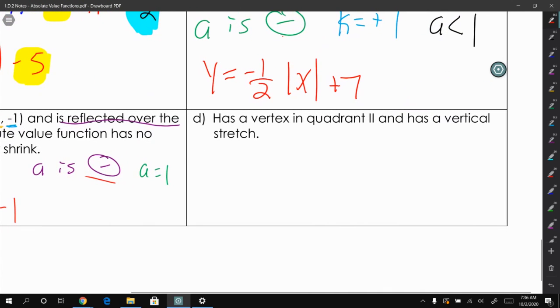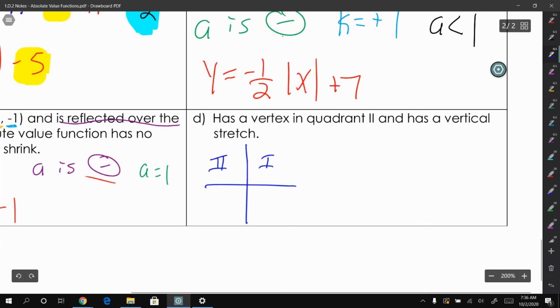This one says has a vertex in quadrant 2. So quadrant 2, we have 1, 2, 3, 4. So our vertex is over here somewhere. And it doesn't really tell us anything else about that, so we get to pick.